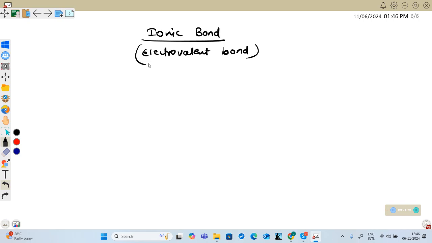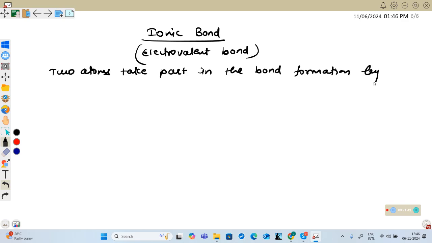So two atoms take part in the bond formation by losing and accepting electrons.